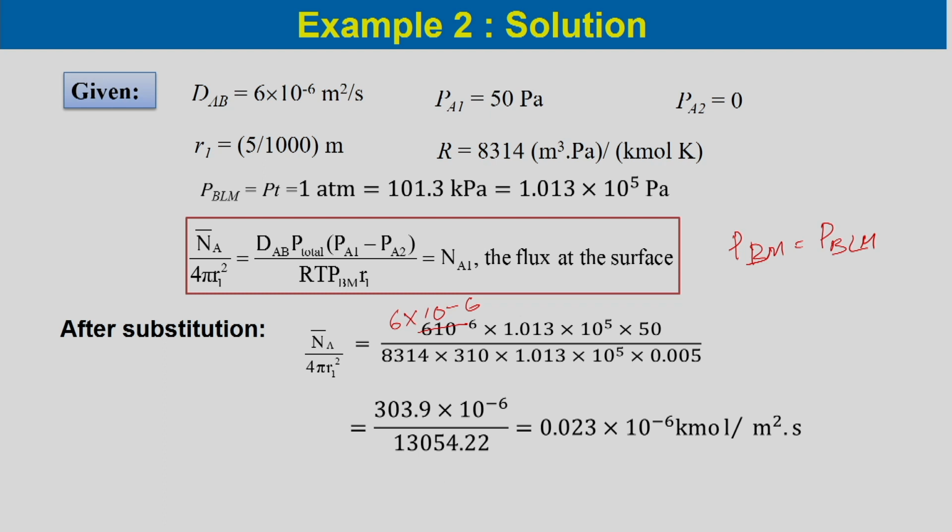So, this would be equal to 303.9 into 10 to the power minus 6 divided by 13054.22, which is equal to 0.023 into 10 to the power minus 6 kilomole per meter square second. So, this is the flux for the naphthalene ball at the surface.